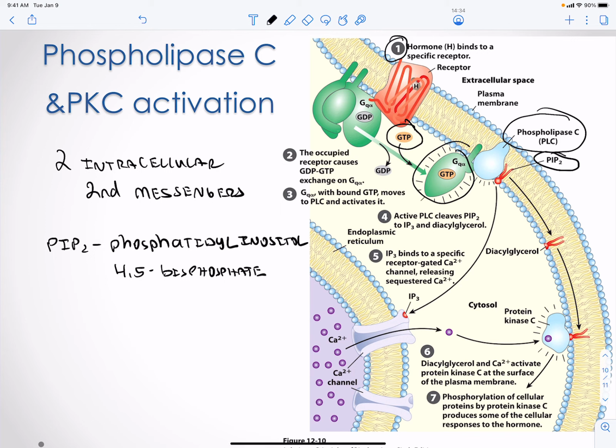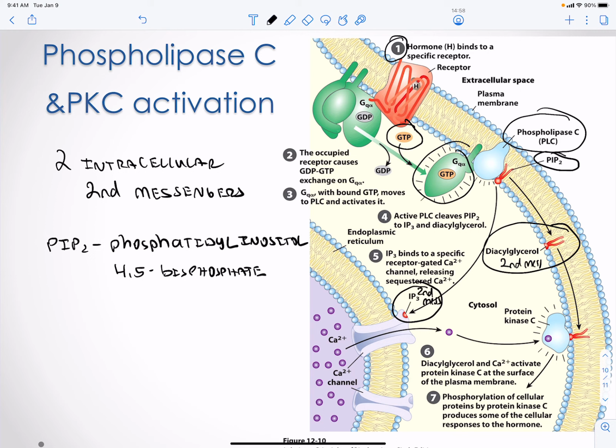And then you're going to generate your diacylglycerol here, and you're going to generate IP3, inositol trisphosphate. Diacylglycerol is going to be one of your secondary messengers, and IP3 is going to be another of your secondary messengers.